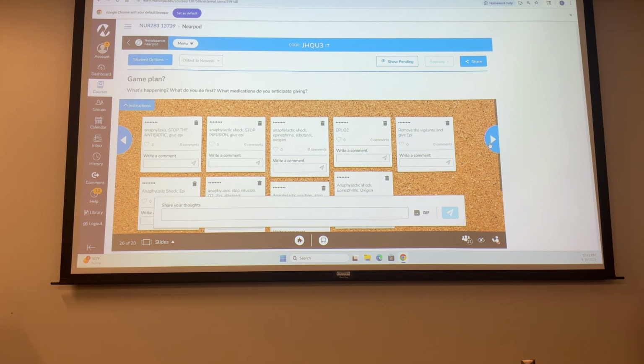So we want to give fluid. What can I do to help with my wheezing? Okay, you could give albuterol. What's kind of a twofer that you can give? Epi. Epi is going to help vasoconstrict plus bronchodilate. It's a twofer.